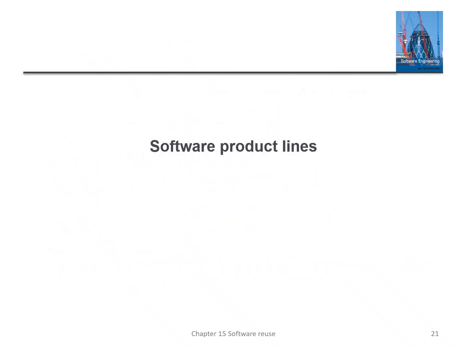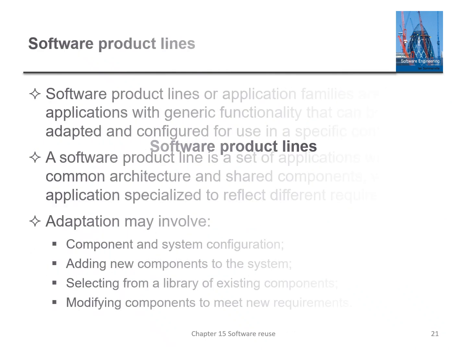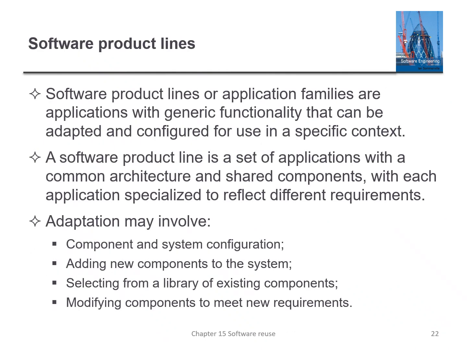Okay, right. Looking at the second type of reuse approach, which is the software product line. I've mentioned to you that a product line is sometimes called application families. So it is a collection of applications that have many versions, with generic functionality that can be adapted and configured for use in a specific context.